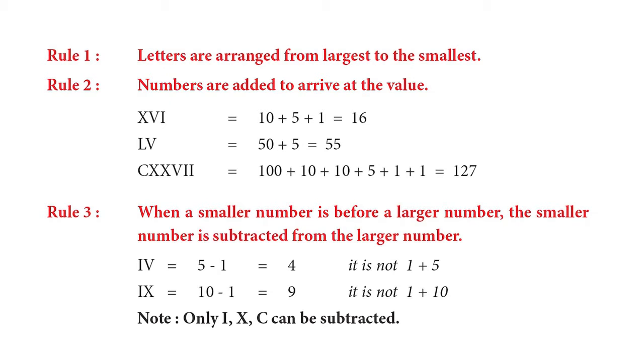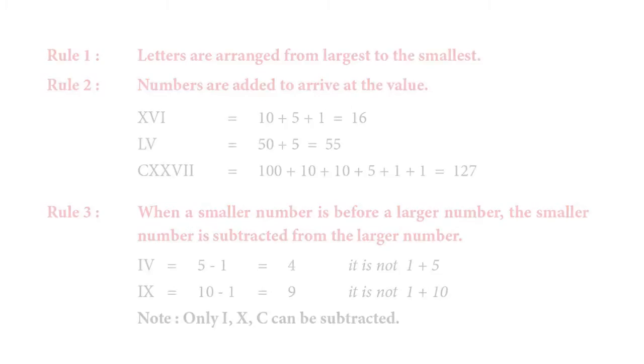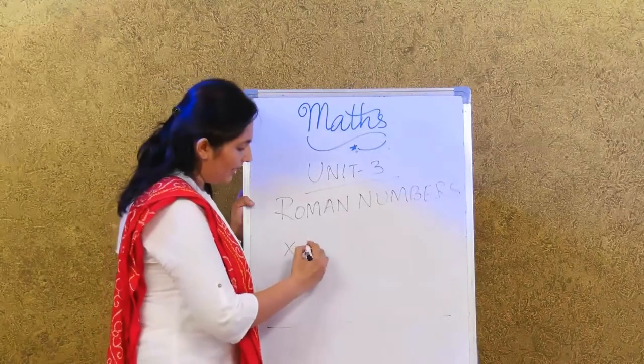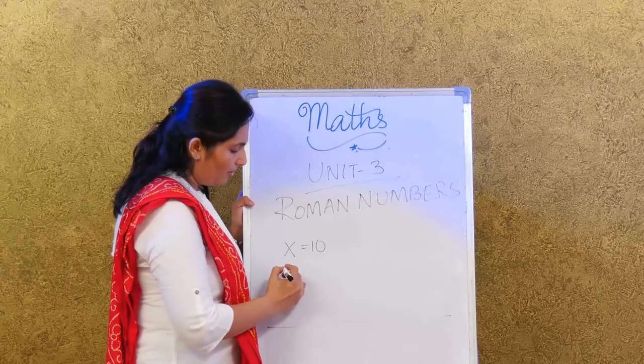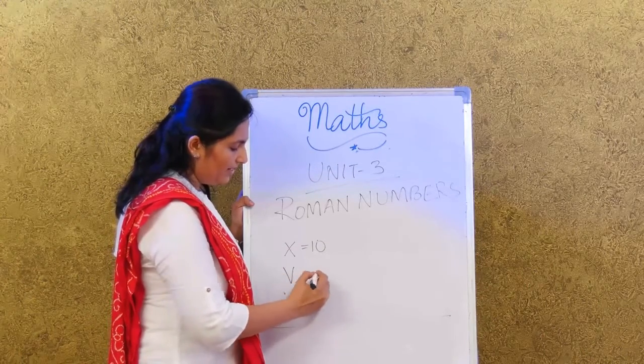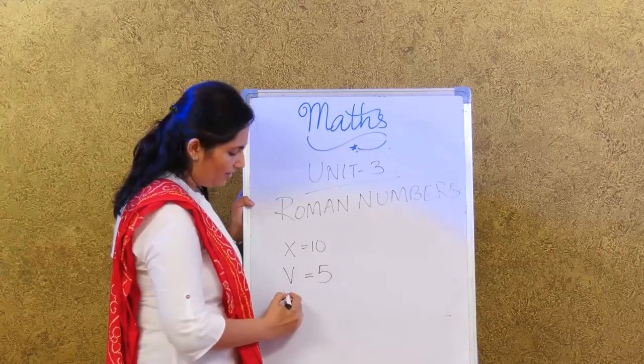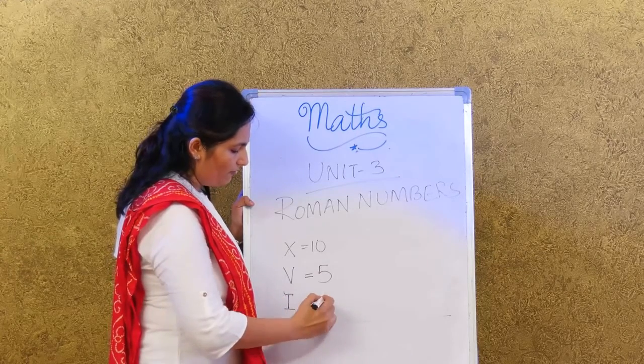Numbers are added to arrive at the value. Look at the example. We are going to write the number 16. So we are going to use the alphabet X, which has the value of 10. And then we also learned that V has the value of 5 and I has the value of 1.